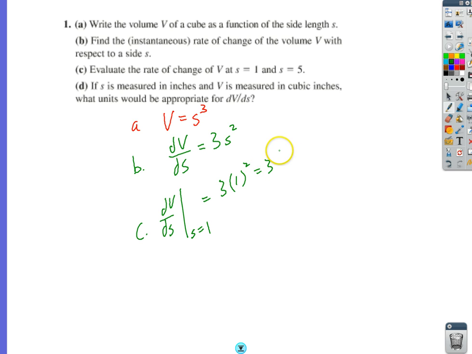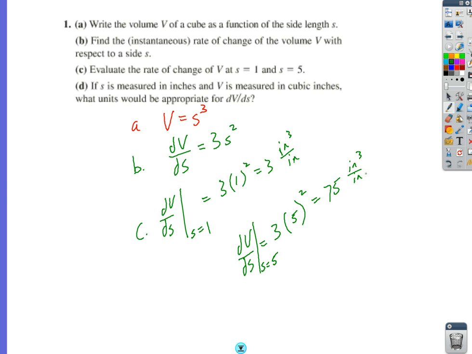What's my unit? My unit is inches cubed per inch. And I do the same thing here for dV/ds, which is equal to 3 times, evaluated when s is equal to 5, squared, which is going to be equal to 75 inches cubed per inch.